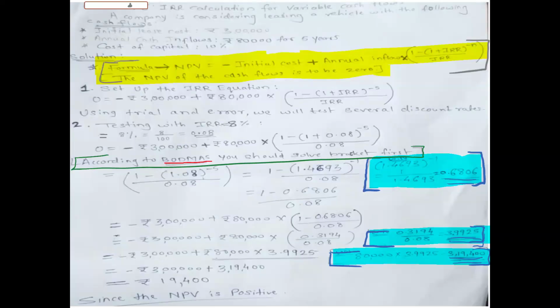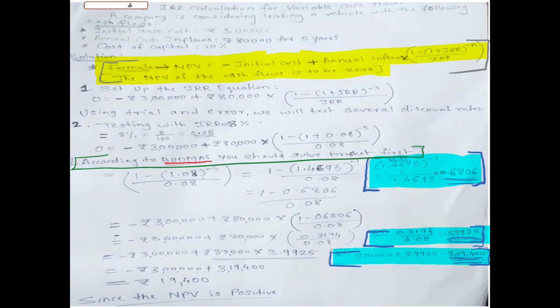Now, second, testing with IRR equal to 8%. 8% means 0.08.